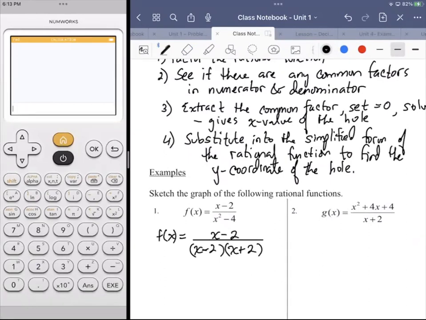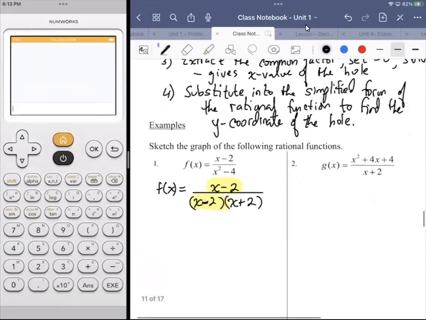Because we have a common factor, I'm going to extract it from the rational function. I'm going to take this whole ratio and pull it out of the rational function. So we're going to have x minus 2 over x minus 2, and we're going to set that equal to 0. Now we can cross multiply here. You could also cancel, but that would kind of defeat the purpose, so we won't do that.